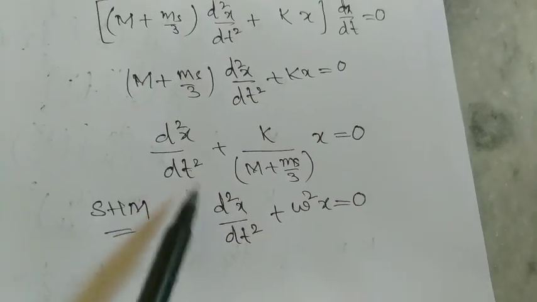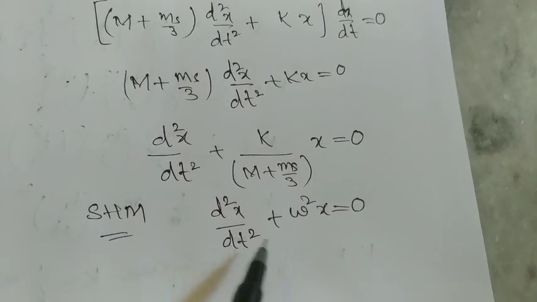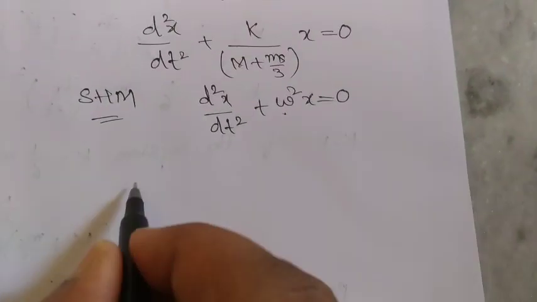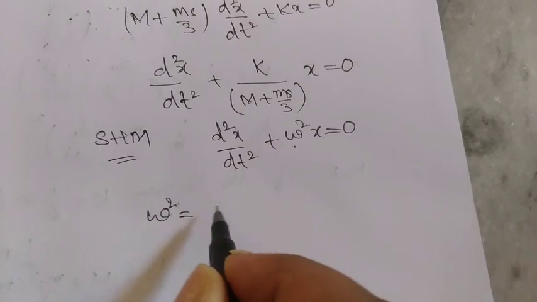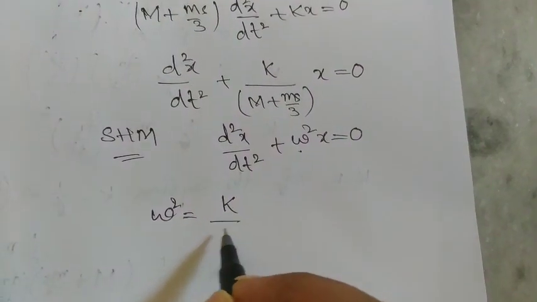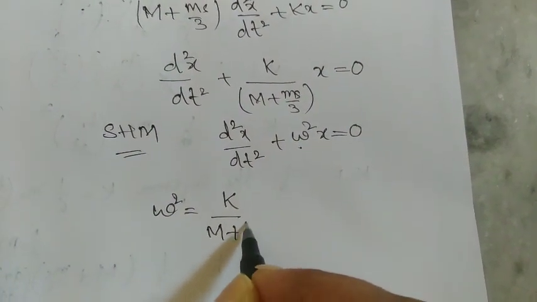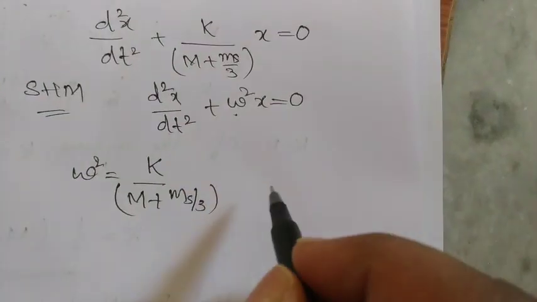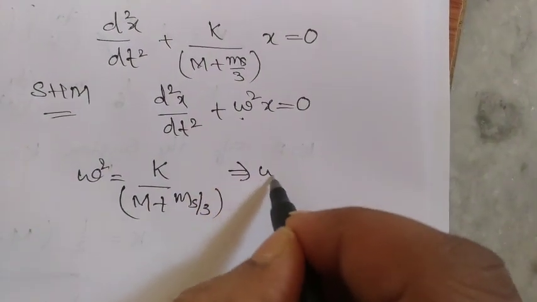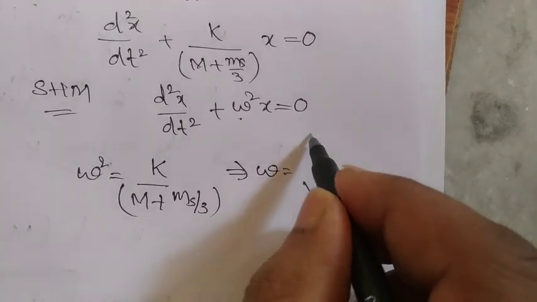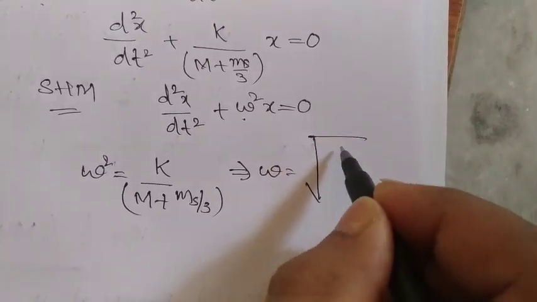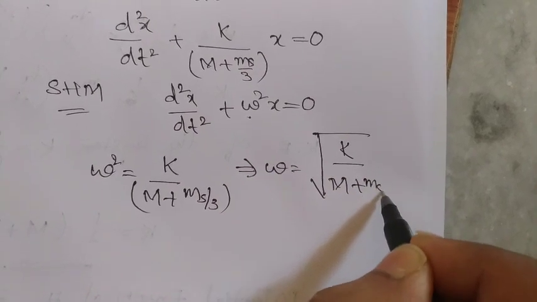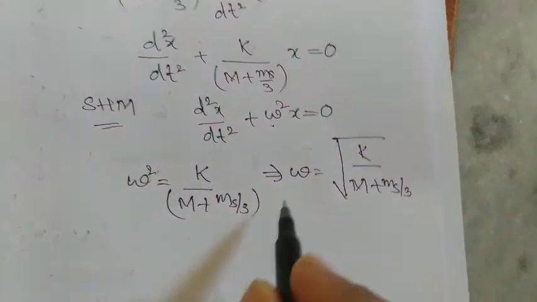If we compare this equation with simple harmonic motion, in place of omega^2 we have k/(m + ms/3), or omega becomes the square root of k/(m + ms/3).